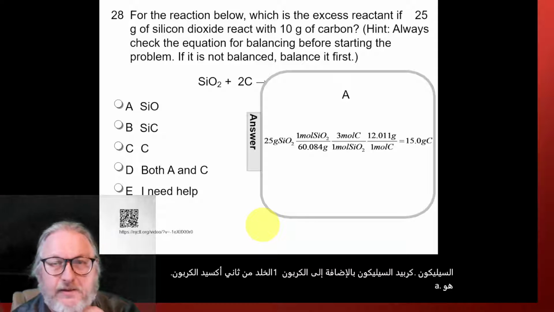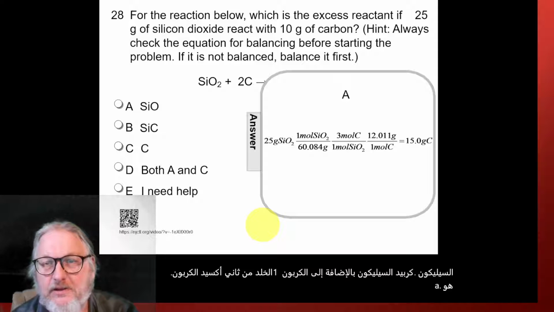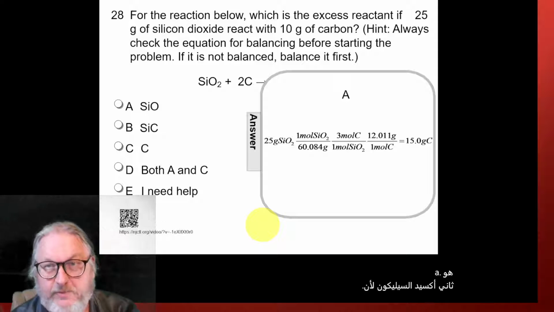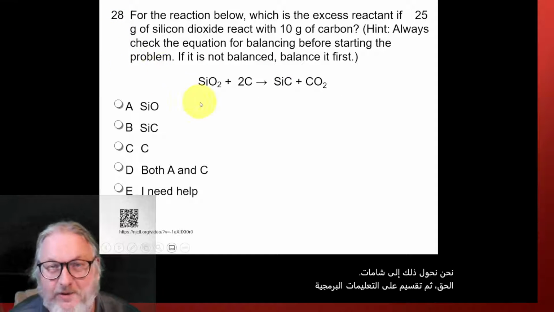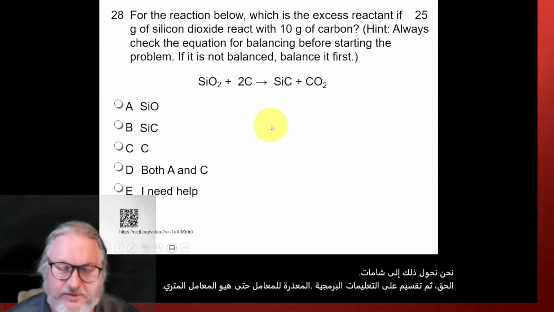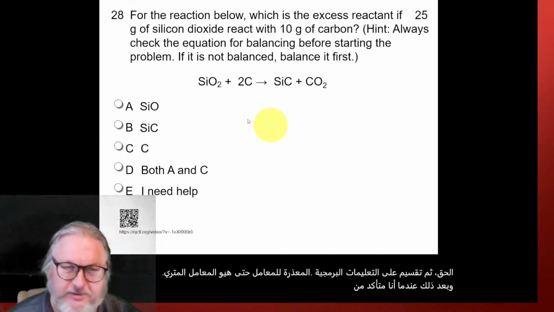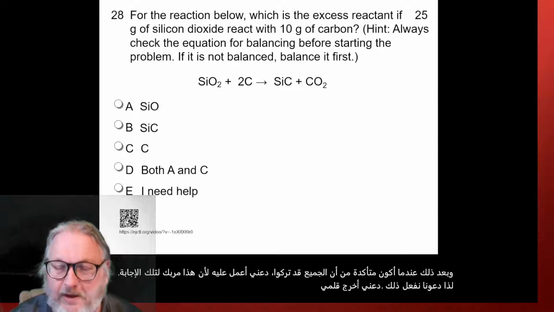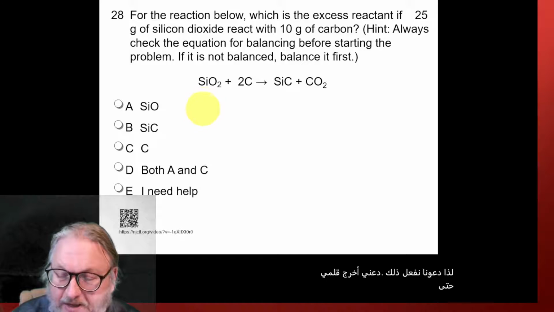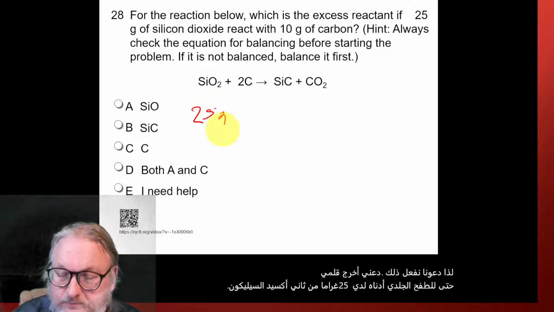Silicon dioxide, because we convert that into moles, right? Then divide by the stoichiometric coefficient, and then whichever one is left. Let me work it, because that answer is just confusing. So let's do it. Let me get my pen out. So for the reaction below, I have 25 grams of silicon dioxide, SiO2.